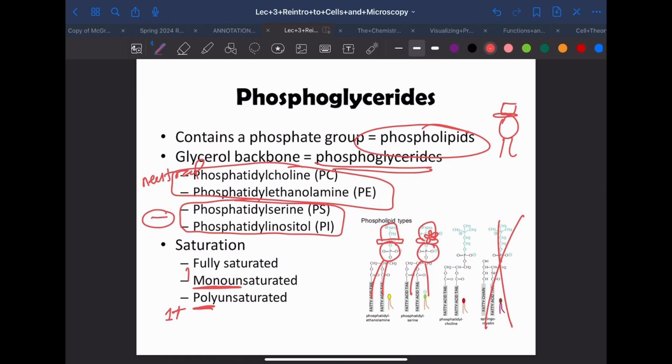So when it comes to PS and PI, the reason why it's negatively charged is because it plays a specific role in cell signaling, apoptosis, and it's actually found commonly in brain tissues, right? So the charge there is important, whereas PC and PE, they don't have that special negative charge, so they are probably more of a structural phospholipid than something that has an extra role to it, right? So those are phosphoglycerides.